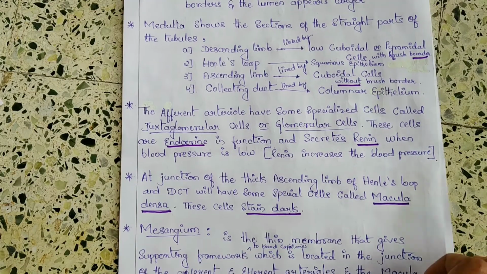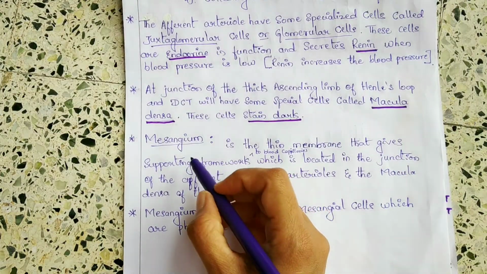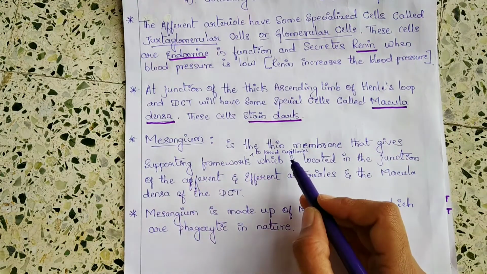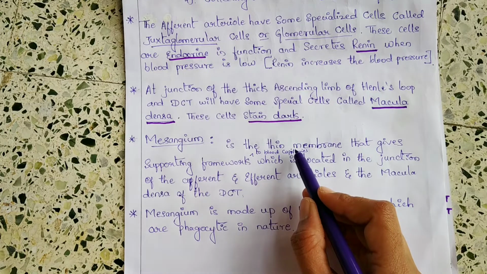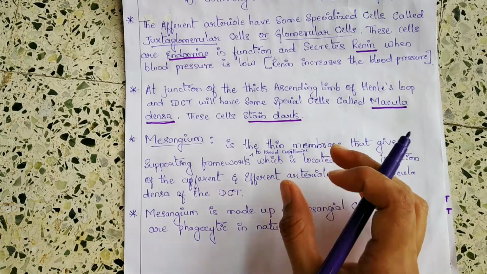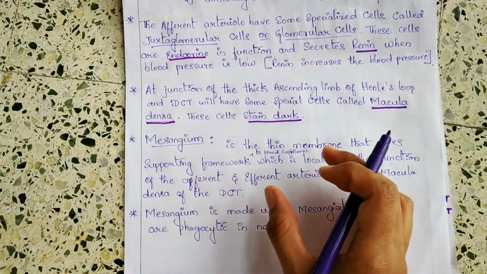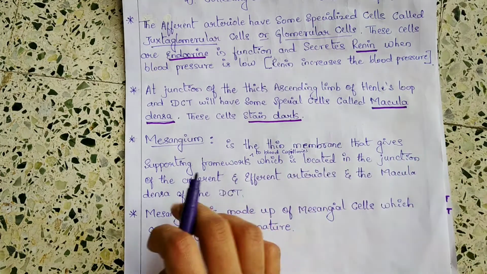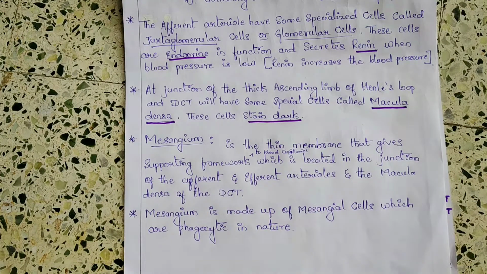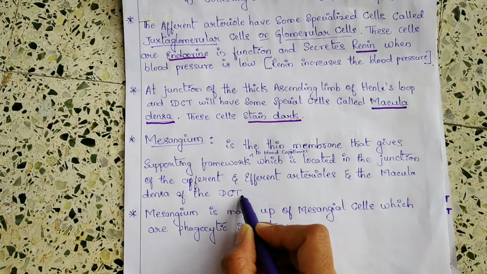And the next point, mesangium. What is the mesangium? The mesangium is the thin membrane that gives a supporting framework to the blood capillaries located at the junction of the afferent and efferent arterioles and the macula densa of the distal convoluted tubule.